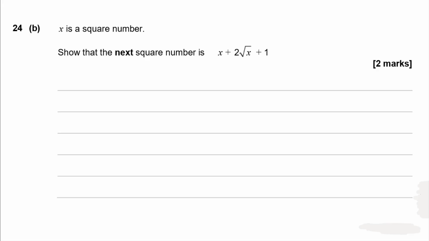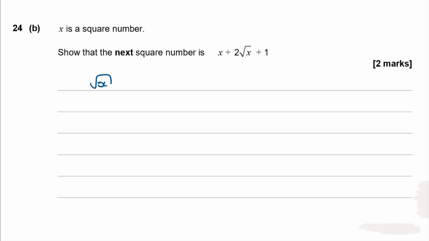Question 24b, x is a square number. Show that the next square number is x plus 2 lots of root x plus 1. So if x is a square number, then the number we square to get x must be root x. Okay?